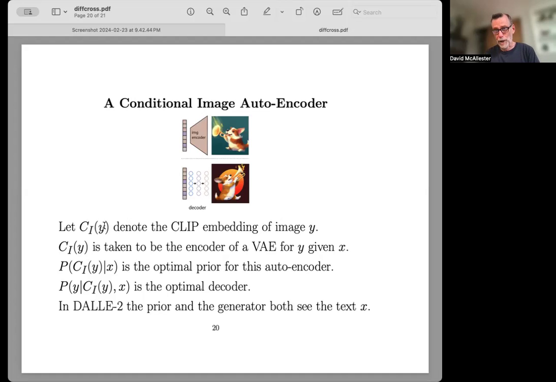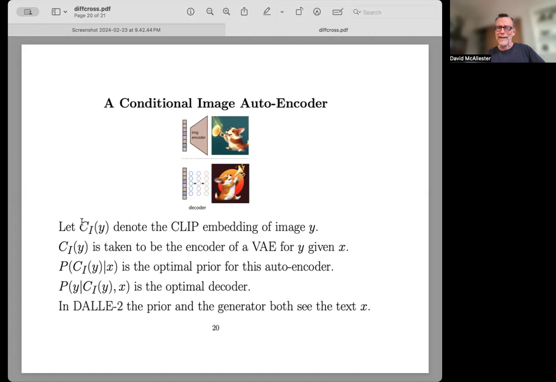Okay, the encoder is taken to be the CLIP image encoder, right? CLIP can take an image and encode it as a vector. So we're going to take that to be the encoder of an autoencoder. And if you remember VAEs, in principle, if you assume universality, for any encoder there's a perfect prior and decoder that exactly models the distribution.